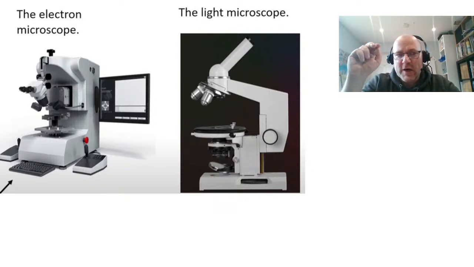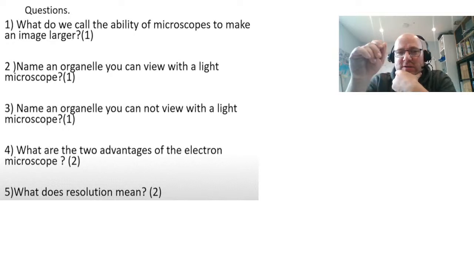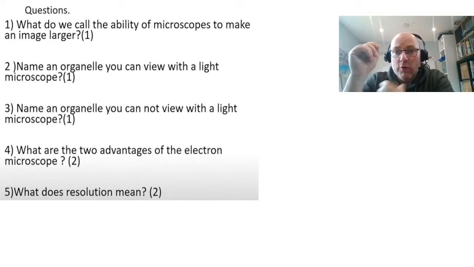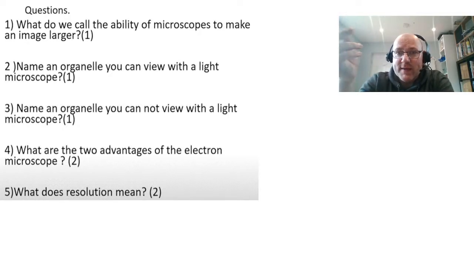Right. You've got 2 microscopes: light microscope and electron microscope. For AQA, OCR, and Edexcel normal science GCSEs, you need to know how to compare the electron microscope with the light microscope.